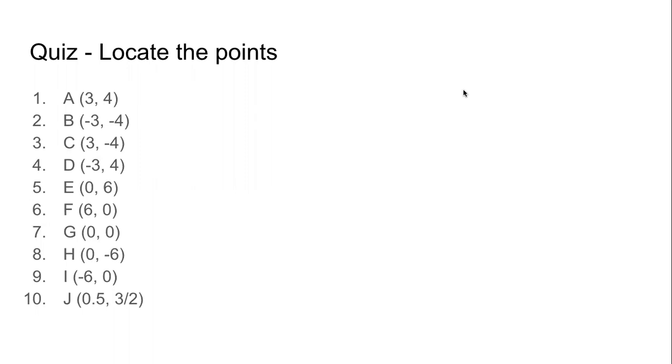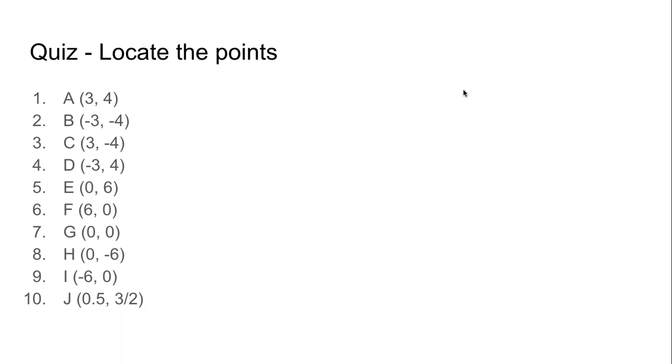All you have to do now is, in your notebook, write down these 10 points one by one, and for each of them, tell me where they are. For example, first point A, (3, 4). Perhaps, I don't know the right answer, it could be that it is quadrant 4, fourth quadrant.